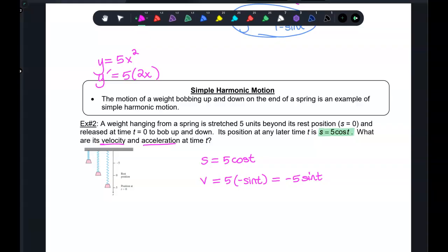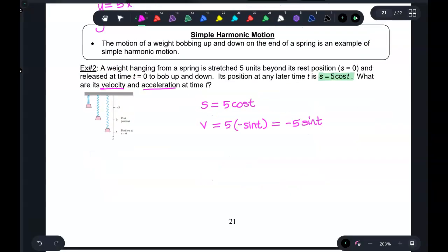Now, could you do the product rule? You could do 5 times cosine t, but that's way too much work, because the derivative of 5 is 0, so it just makes that other term go away.